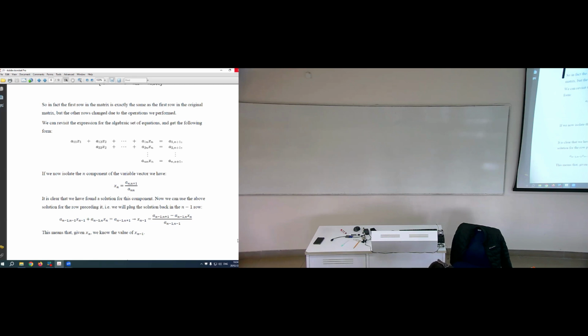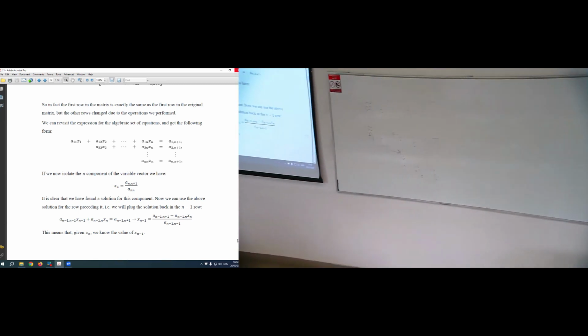And what do we divide? We divide the constant term minus the linear combination that is left. Here in the second row from below, it is composed only of x_n. Okay.